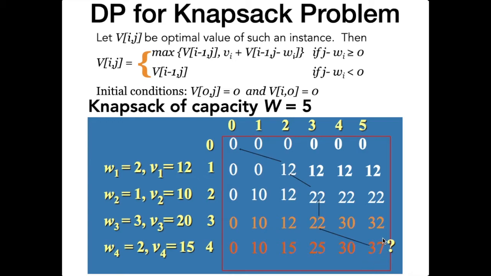So, since there is a difference between V35 and V45, ibig sabihin, we included item number 4. Okay? And if we included item number 4, the remaining capacity will be 5 minus yung weight na inoccupy ni item 4, which is 2. So, we will look at capacity 3.